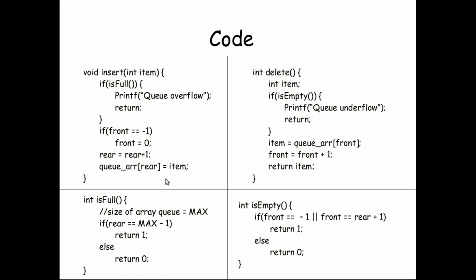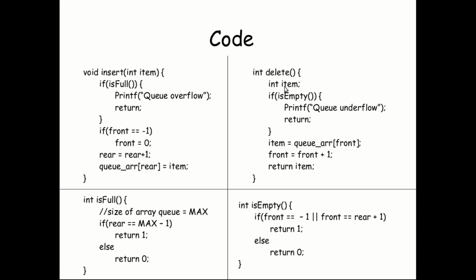So here if front is equal to -1, that means we have an empty queue and we are inserting the element for the first time in the queue. That means we need to make the front value 0 and the rear value will be incremented after that, and then we will simply insert the element at that position. So this is the insertion method, and now we will see the delete method.